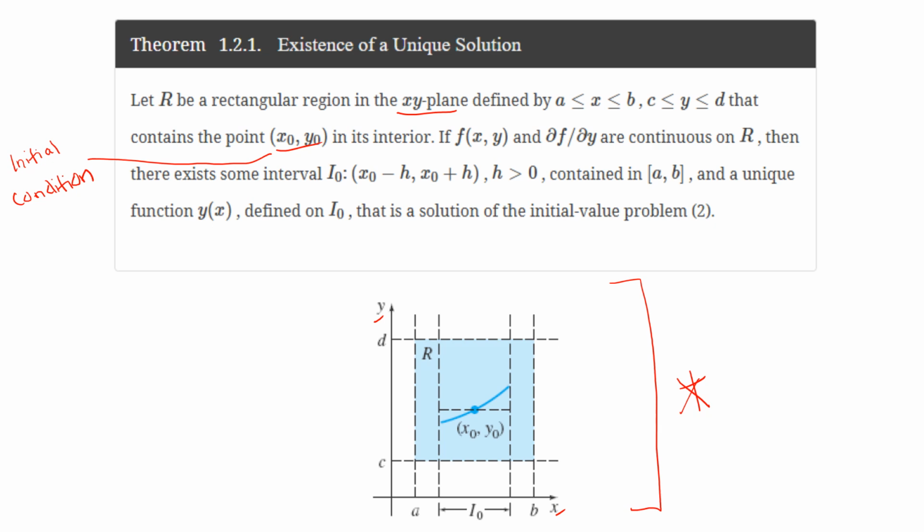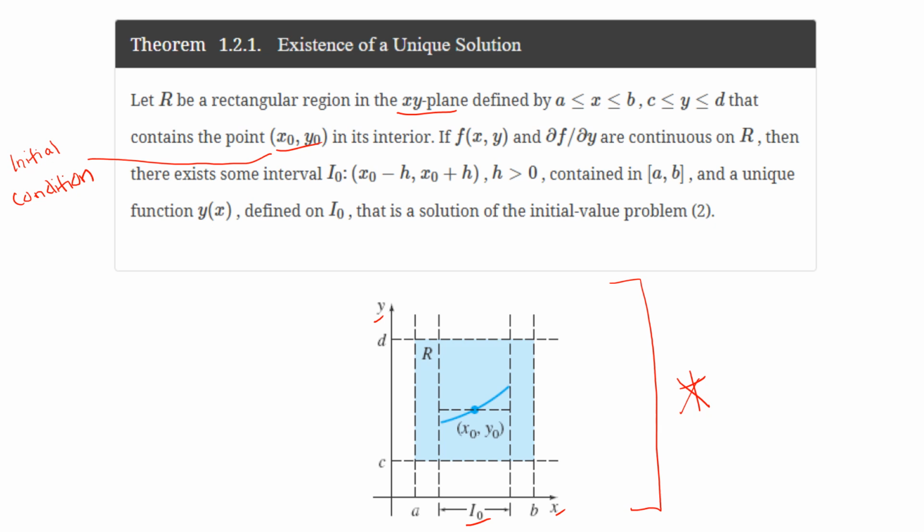And so there is some interval I sub 0 between A and B, okay? H here is greater than 0, so making sure that the value of H is greater than 0, so that's just the distance contained in A and B, and a unique function y of x defined on that interval.